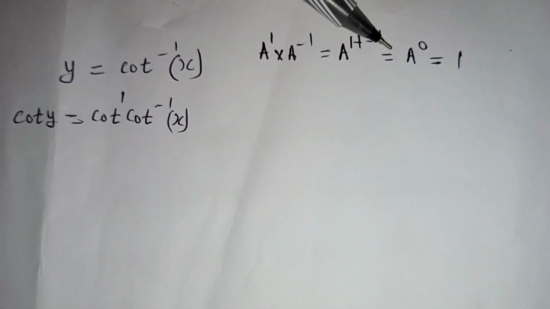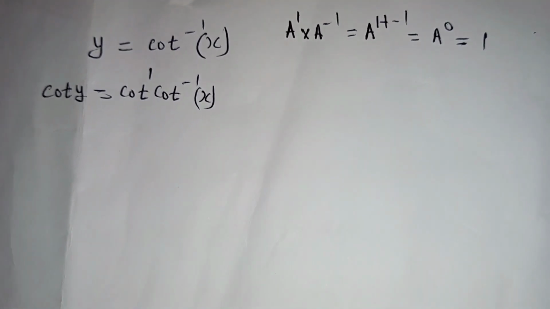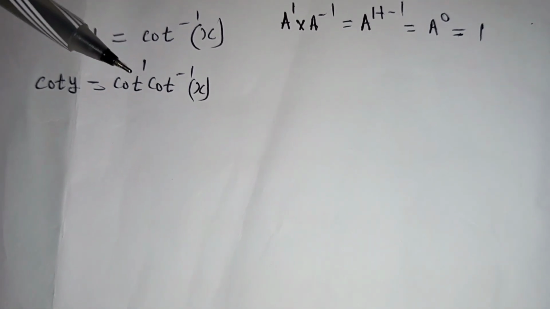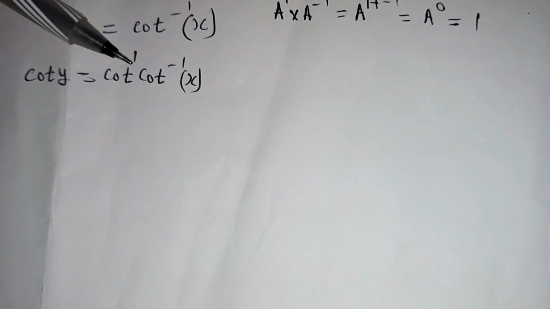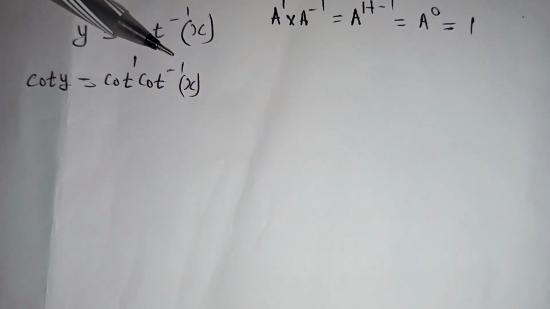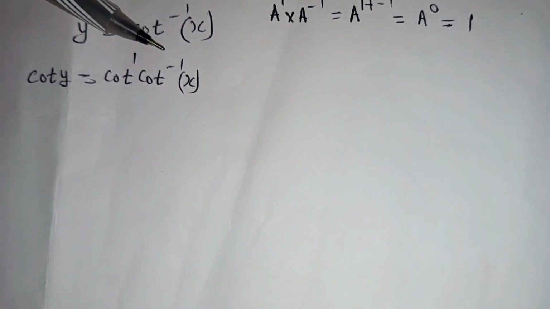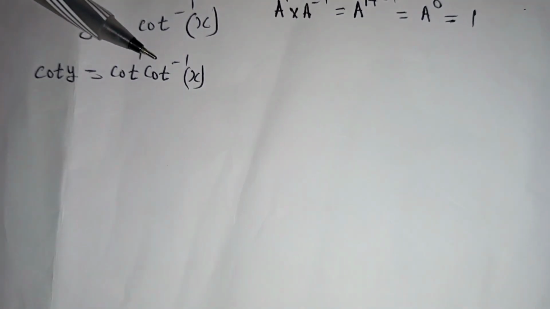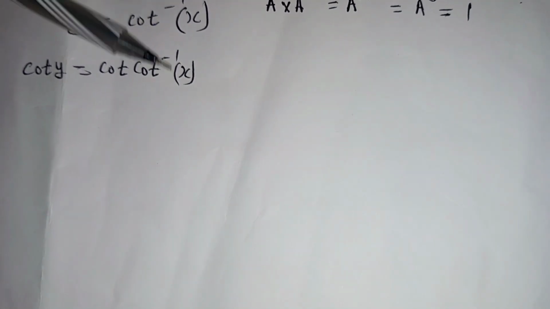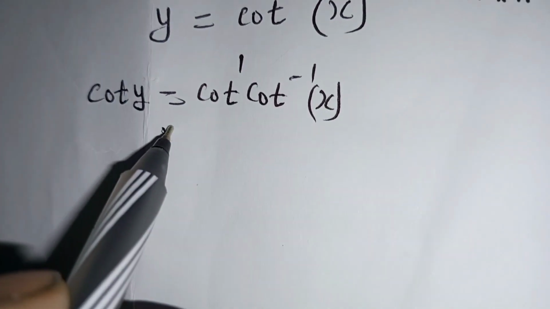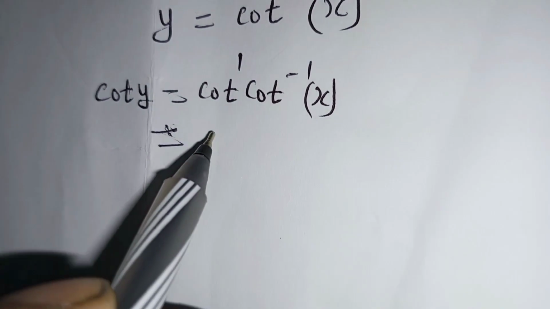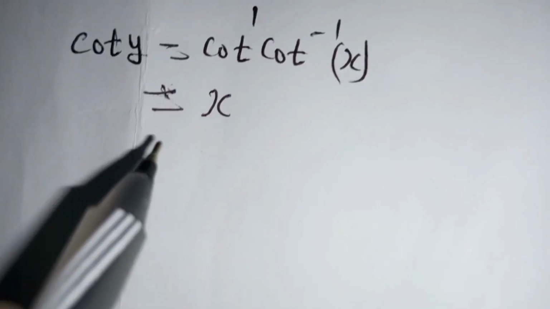Any number to the power of 0 is equal to 1. So that is what we are going to make use of here to the right. 1 plus negative 1 is 0. Cot power 0 is 1. So on the right hand side, we are going to be left with x.